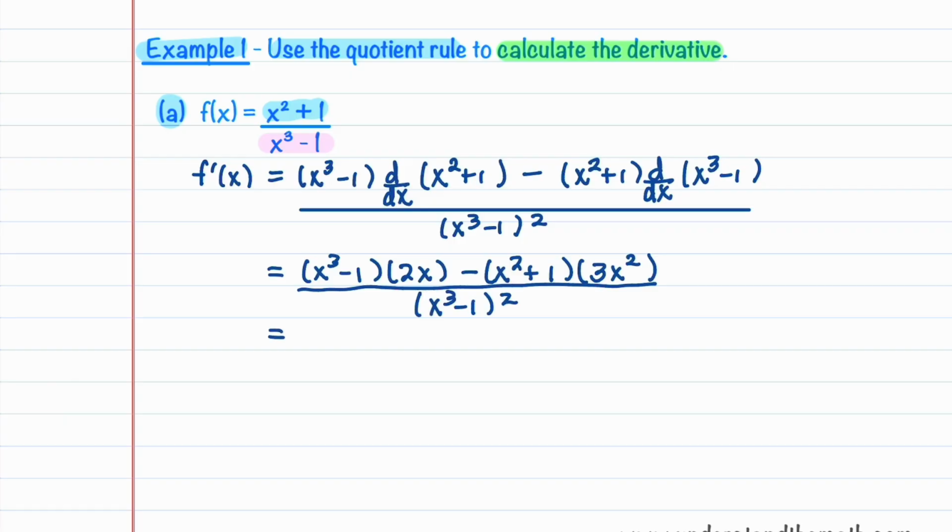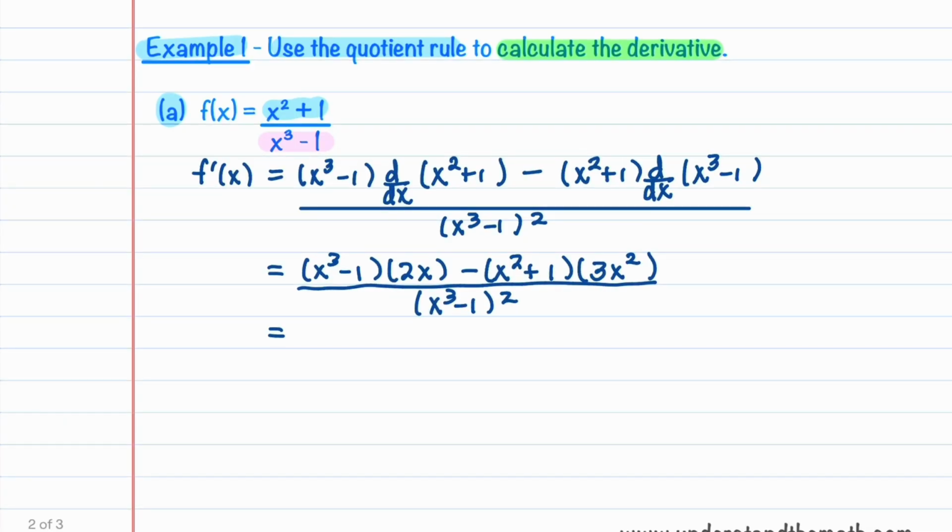Now let's look at our numerator and let's multiply everything out because some terms are going to combine. X cubed times 2x gives us 2x to the fourth, and then we have a minus 2x. Then we have x squared times 3x squared. That gives us a minus 3x to the fourth.